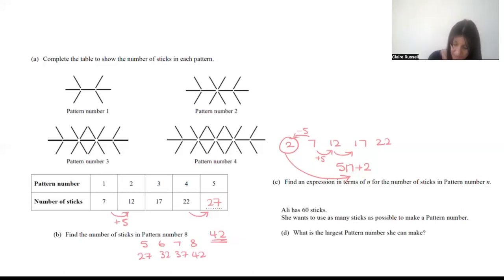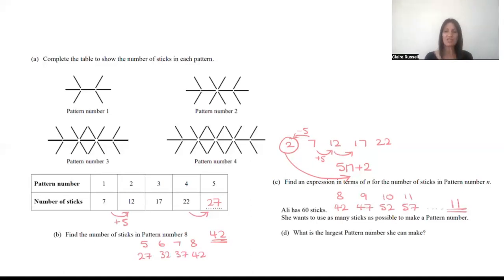So I know that 8 needs 42 sticks. 47 is the next number. 52 is the next number. 57. And the next one after that's too big. I've only got 60 anyway. So that's 9, 10, 11. So it would make pattern number 11. And I haven't had to do anything too crazy with that.